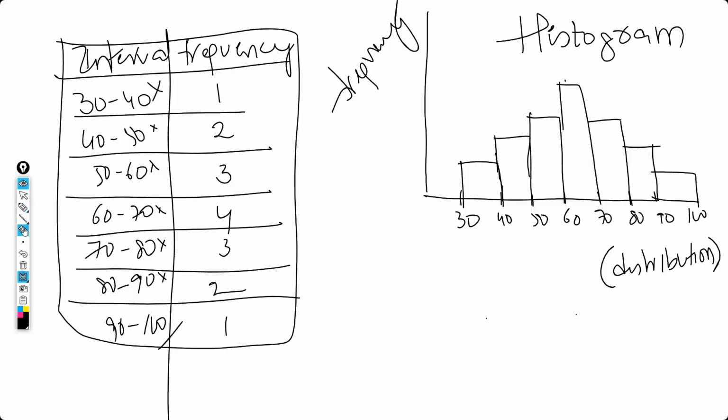Histogram, H-I-S, histogram. Clear, guys? This is called a frequency table.